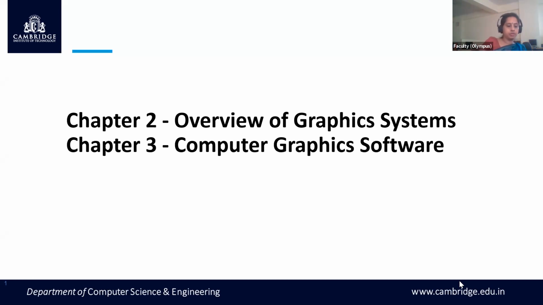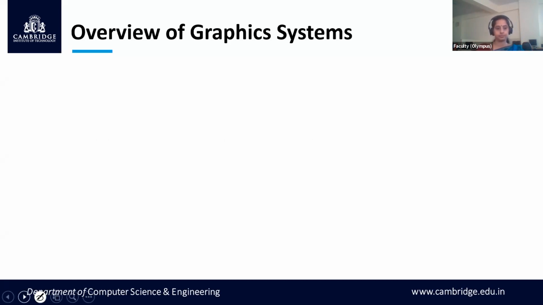And we will learn about computer graphics software in the third chapter. So we will see an overview of the graphic system, and understand the hardware system, how it actually works.